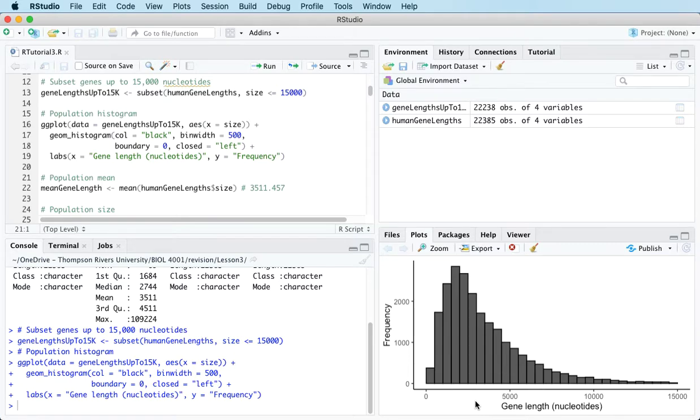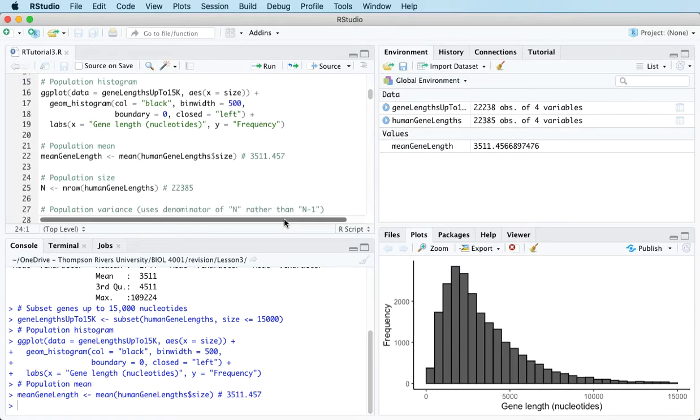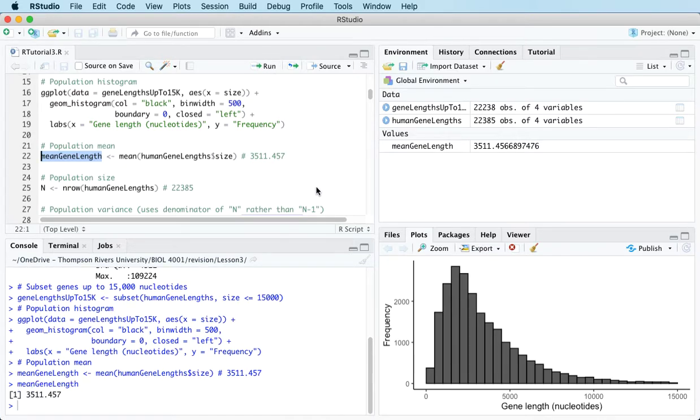So here I've got a histogram of what our population looks like. It's a skewed distribution with most of the gene lengths between 0 and 5,000, and then fewer and fewer longer ones. Again, this isn't something we can do in practice usually, because we don't have the population, but in this case we do, so we can actually look at the population mean.